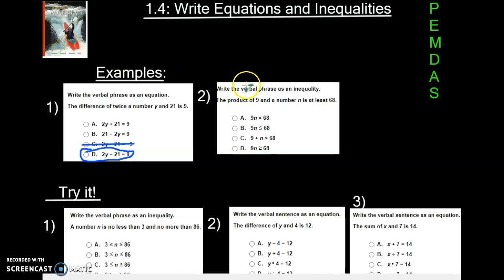So if we go right here, let's do this in green: the product of a number 9 and a number n is at least 68. Because they say at least, we can assume they're referring to the greater than or equal to sign. So this blank is greater than or equal to 68.